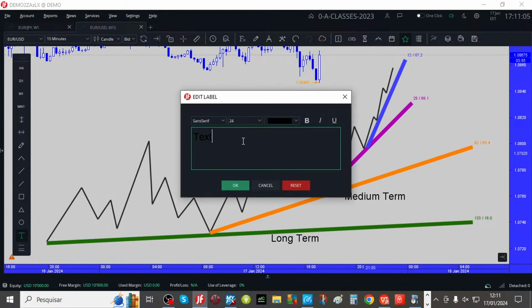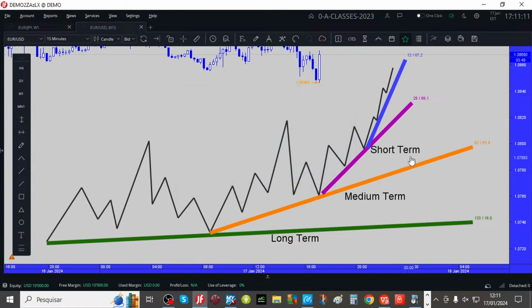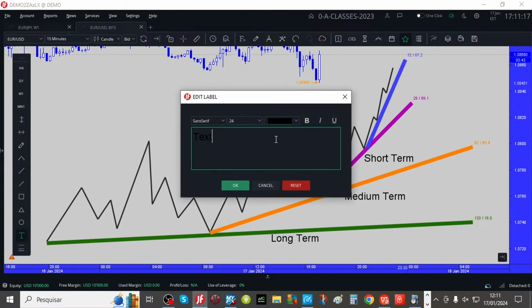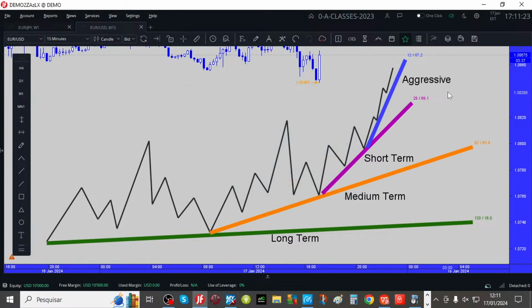The violet is the short term. And the blue one, of course, is what is called the aggressive. In some charts there is an aggressive trend line, and the market can have more aggressive ones, right?